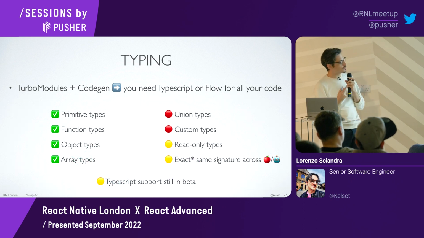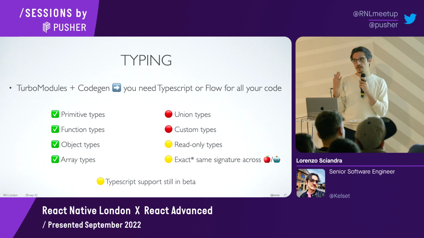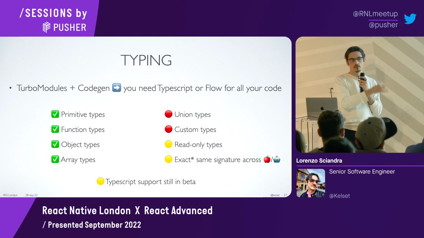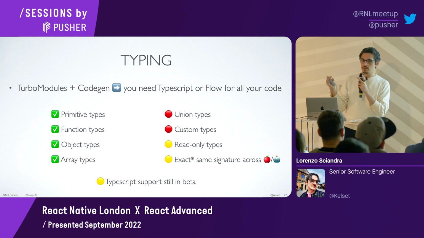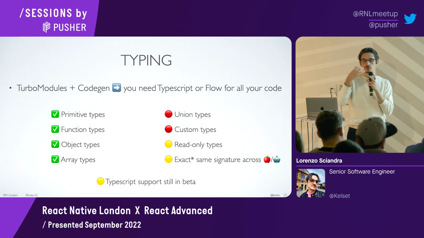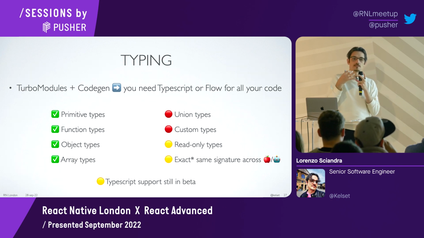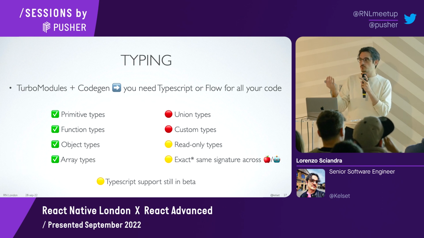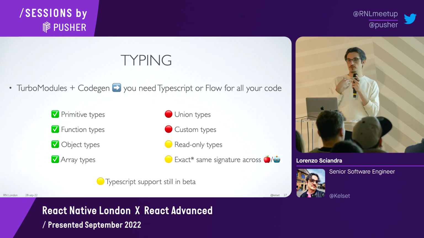And also TypeScript support is still in beta. Again, the main issue here is that because Meta internally uses Flow, TypeScript is something that they add on top, but because it's not what they use in production, it's not as battle tested. So that's where we as Microsoft come in.